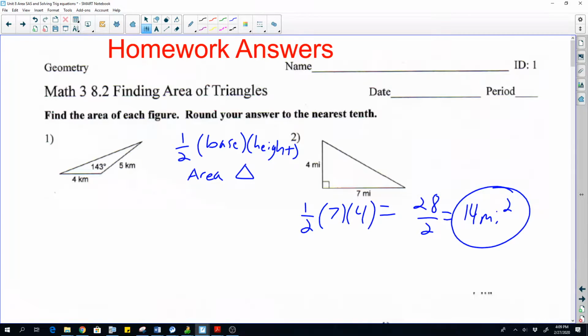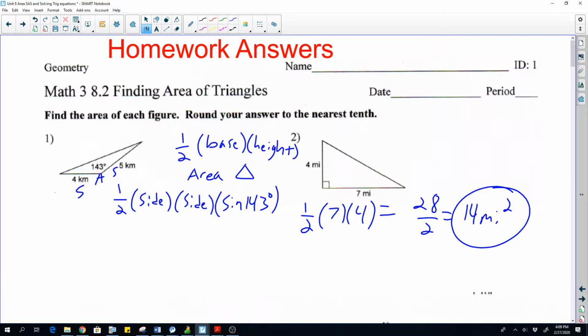But for a non-right triangle, we have to do something else because it's not a right triangle. We have to use the sine of the angle that's between those two sides. So this formula will be 1/2 times one side times the other side, and then times the sine of the angle. So in this case, side angle side.